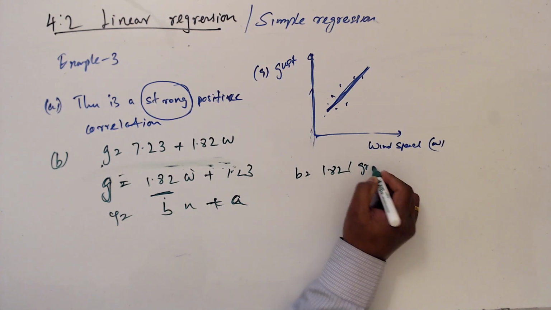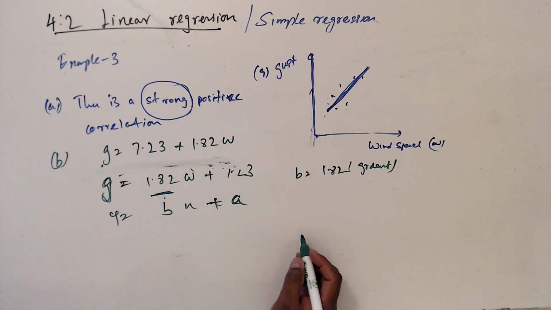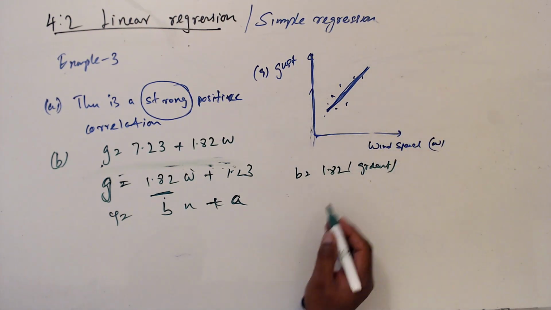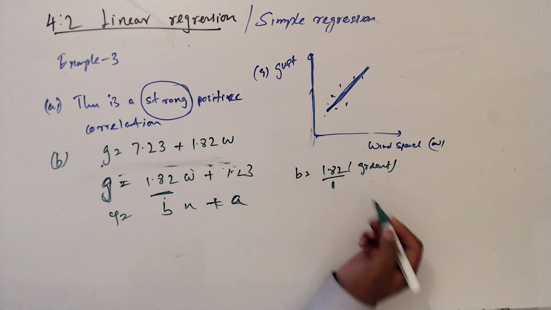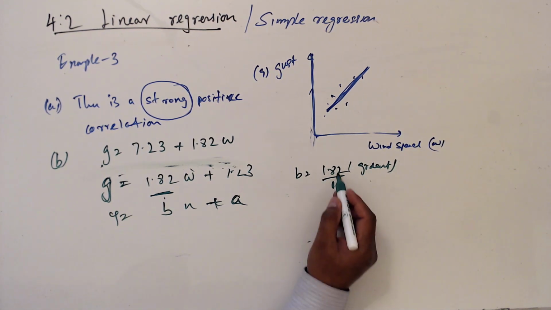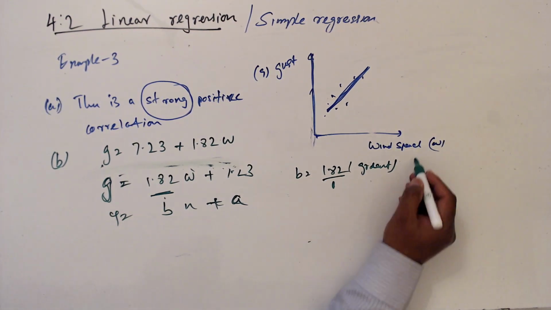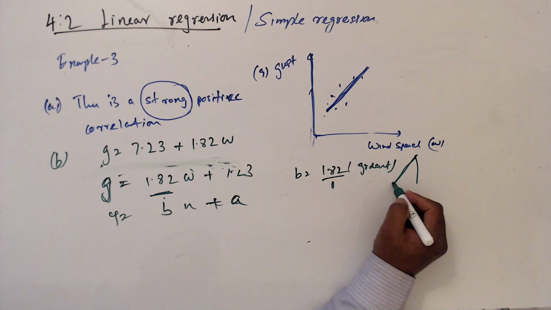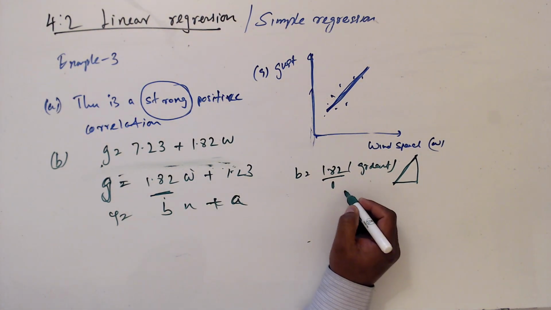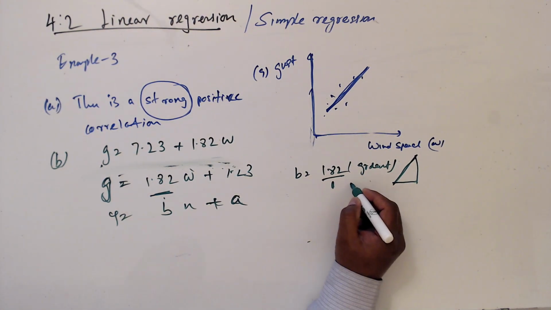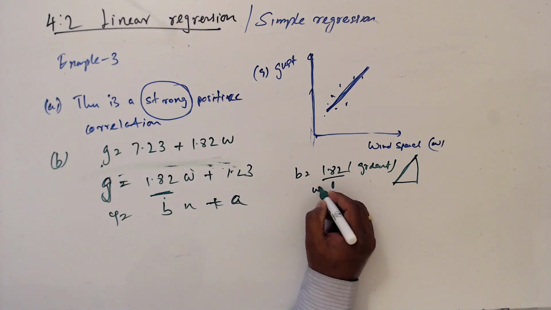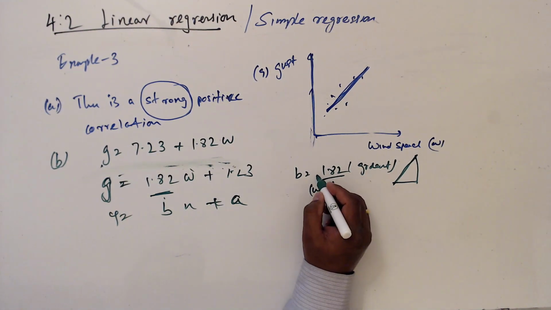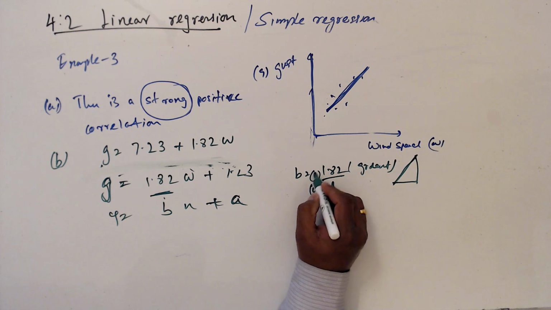So b is the gradient. What is the meaning of the gradient? This is 1.82 over 1. It means, so this is wind speed and this is gust.